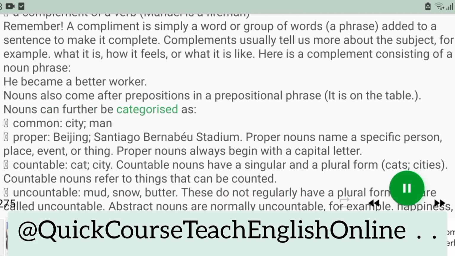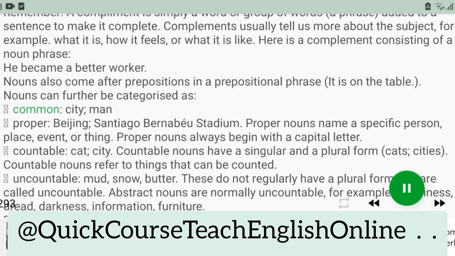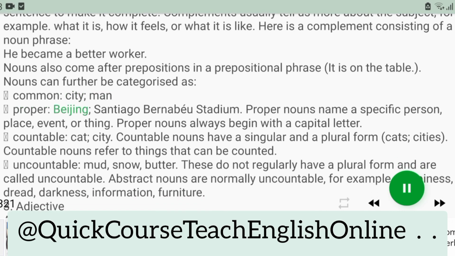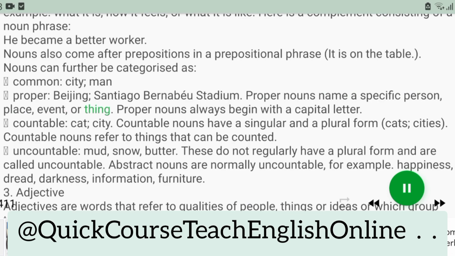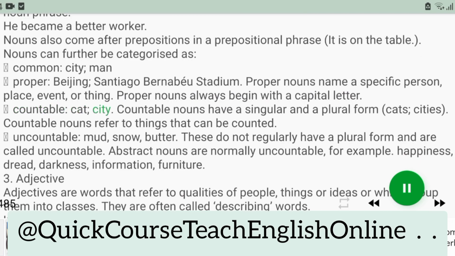Nouns can further be categorized as common, city, man, proper, Beijing, Santiago Bernabeu Stadium. Proper nouns name a specific person, place, event, or thing. Proper nouns always begin with a capital letter. Countable, cat, city.